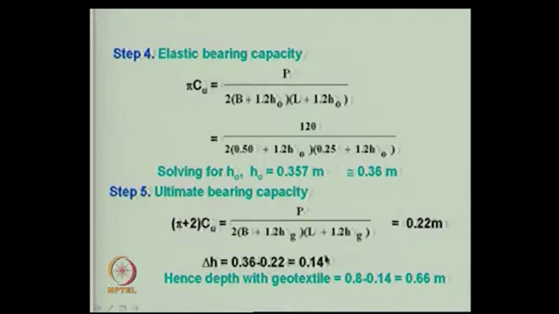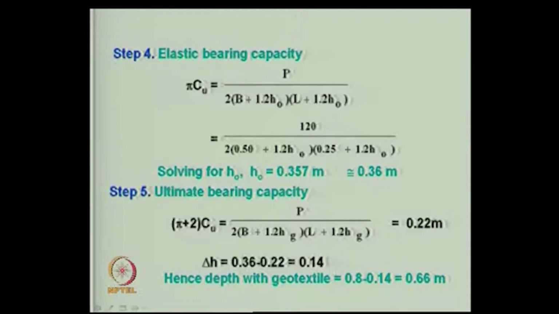So, this is what it is, and that is why, as I just mentioned, we are increasing the load from elastic to plastic because we assume that we provided a geotextile which does not allow contamination. So, contamination is prevented by this geotextile, and because of which you can go for little higher loads. In the previous case it is 0.36 and it is 0.22, the difference is so much.